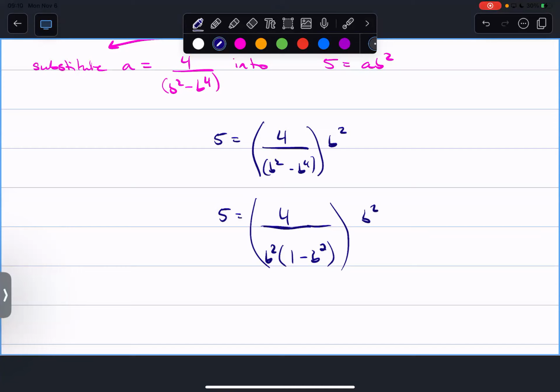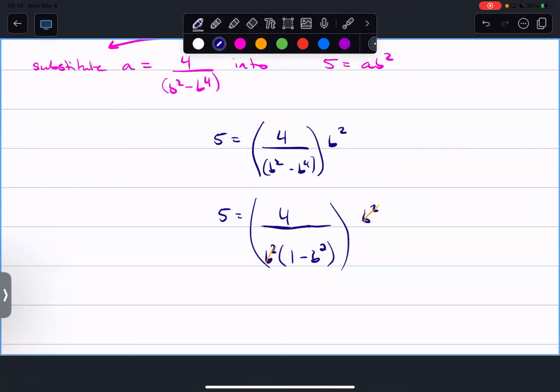Right. Technically rewriting b squared as b squared times 1, or b to the power of 0 if you want, and minus b to the power of 4, which is b to the power of 2 times 2, which lets you extract this. But we already did all that work once. Now, because these are multiplying, I can cancel that b squared.